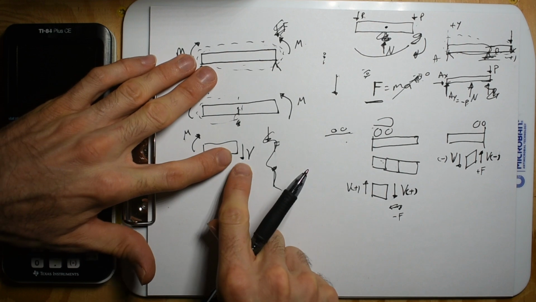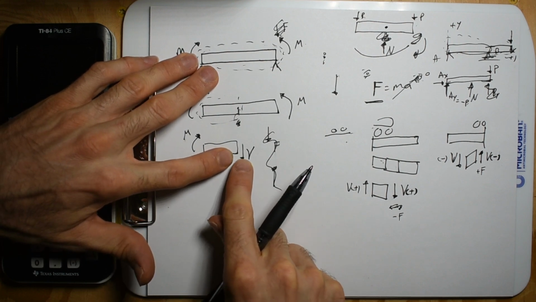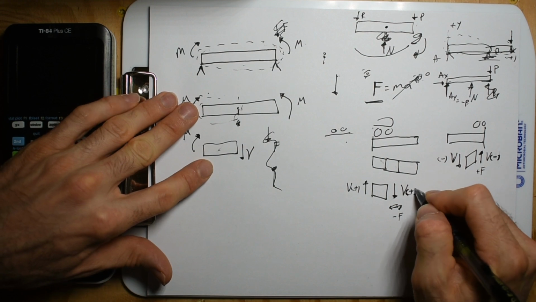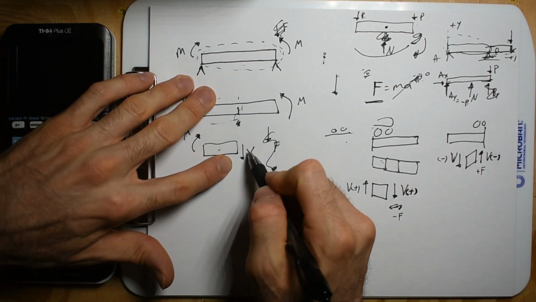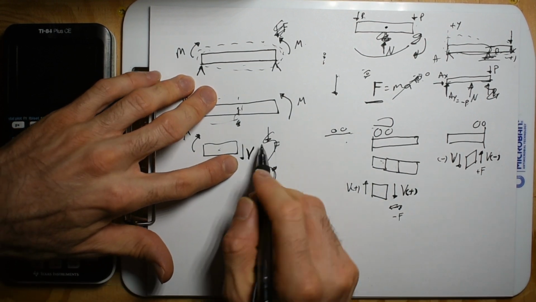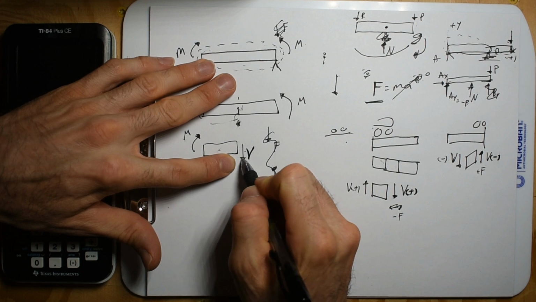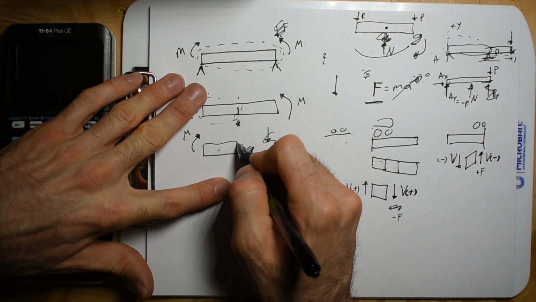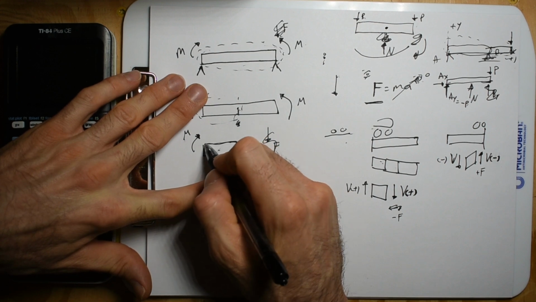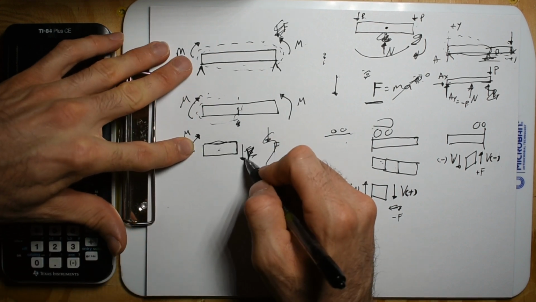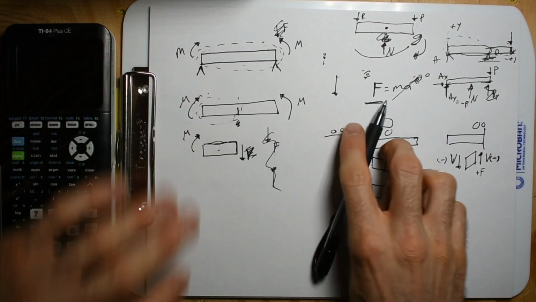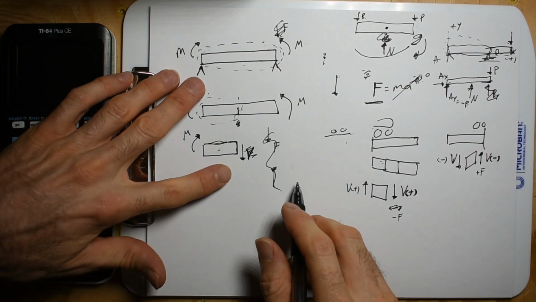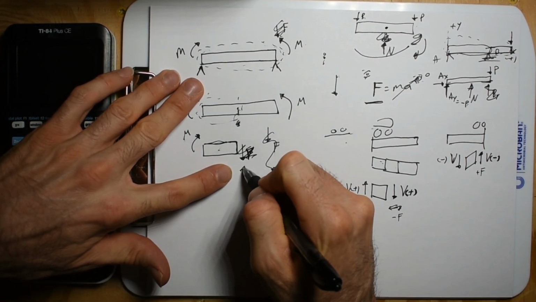But again, we have to know that we're shooting for the moment diagram, and that's why I do these little parentheses, because then I know how to throw it on the diagram. Because let's say I don't throw a V here, and I just say, hey, I just want to kind of know the forces over here. All right, heck yeah. And so I just assume they're going to be positive.